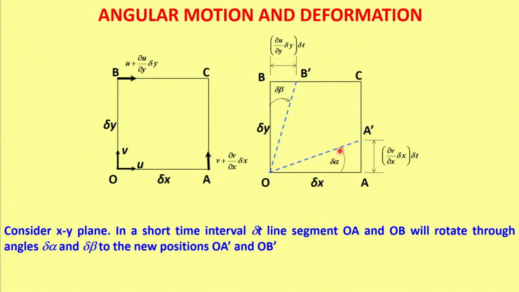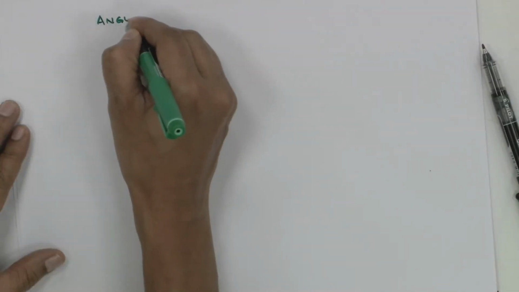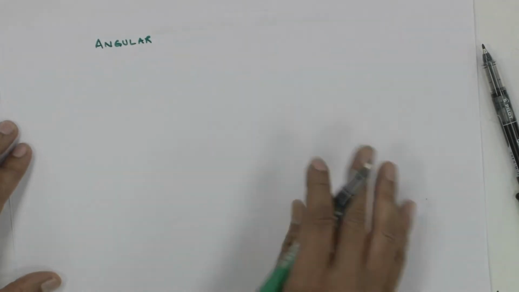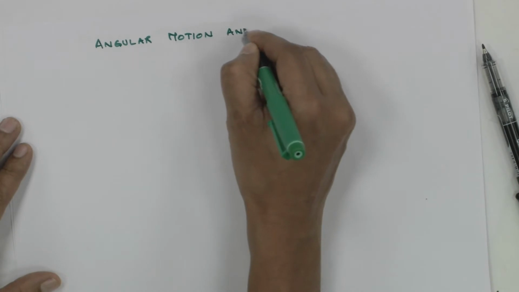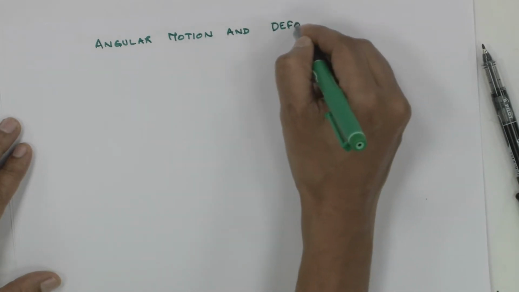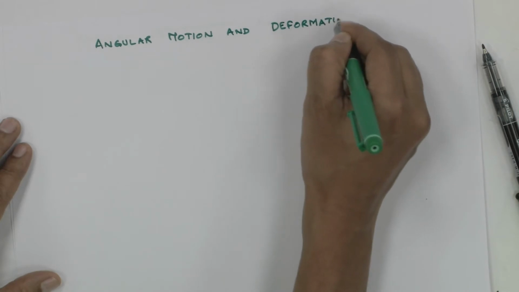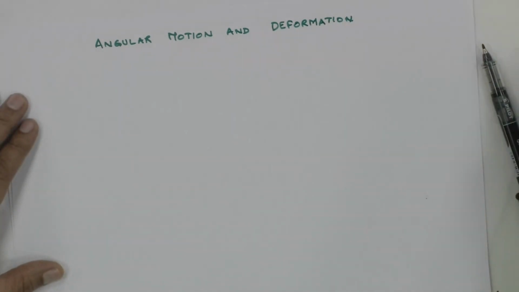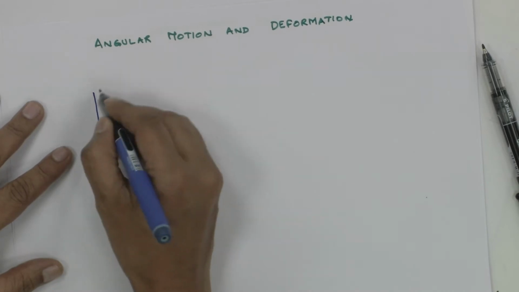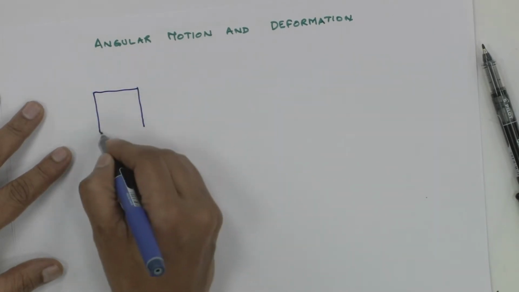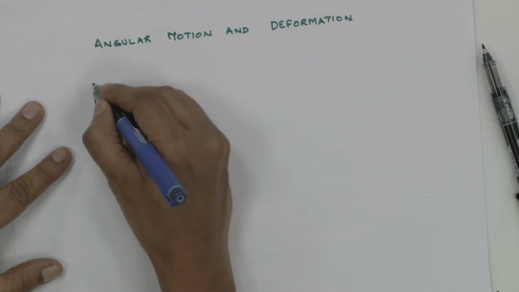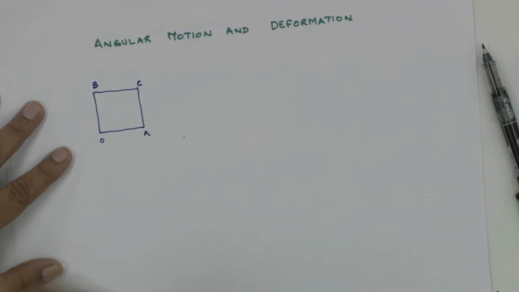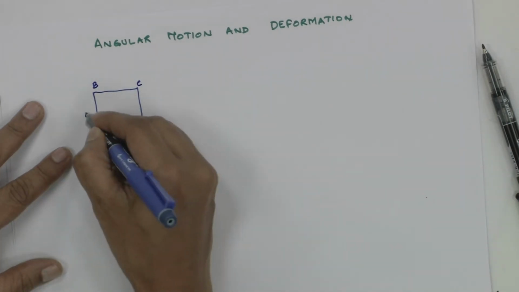So we will start off with angular deformation, motion and deformation. Again I am taking the same elemental volume, that is the fluid element volume, that I call O, A, B, C, and this is delta x, delta y.